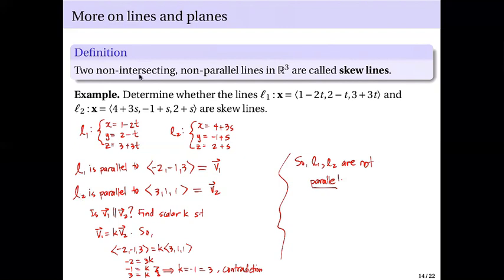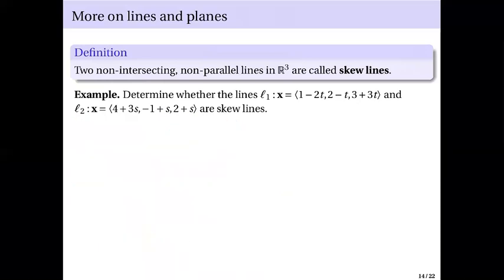For the non-intersecting, okay, this will need some work. To do this, let's copy this guy here. To show that they do not intersect, we should not be able to find values of t and s that will make them equal.